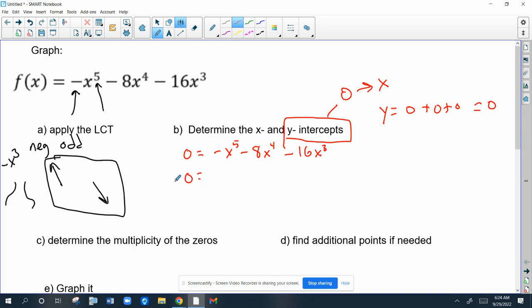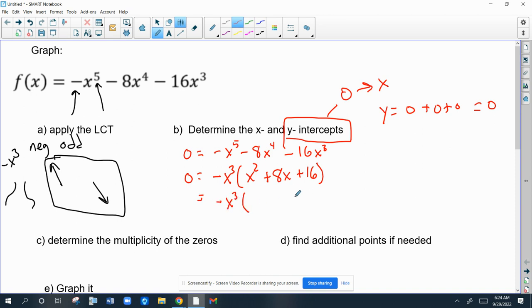It just is easier to factor. So I'm going to factor out a negative x cubed, and I'm left with positive x squared plus 8x and plus 16.